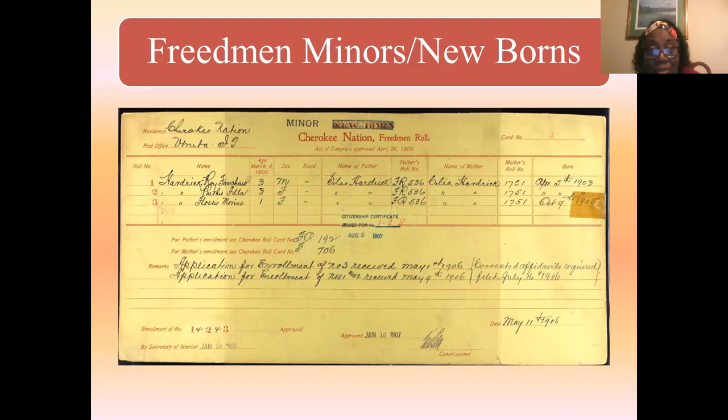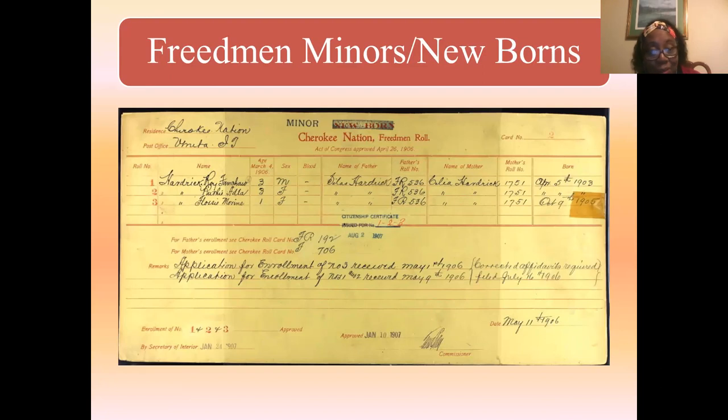You even see the roll number, Freedman number 536, and he's the father of all those children. Likewise with the mother, you see her name, and you see that she was also a citizen because her roll number is there. That's pointing you to their card.